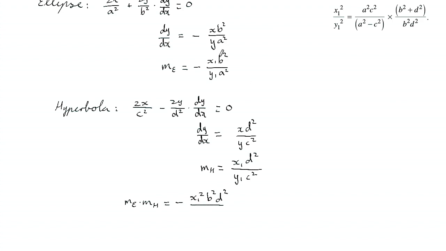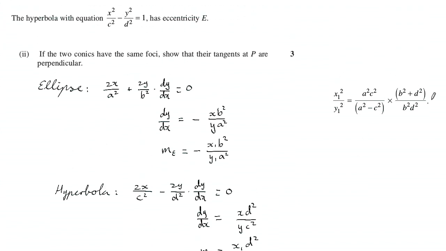So just that times that, and then on the bottom we're going to have that times that, y1 squared a squared c squared. Okay, now we're trying to prove that that's -1. So we're going to have to use this, and we're going to have to use the fact that they have the same foci. So let's plug this in.